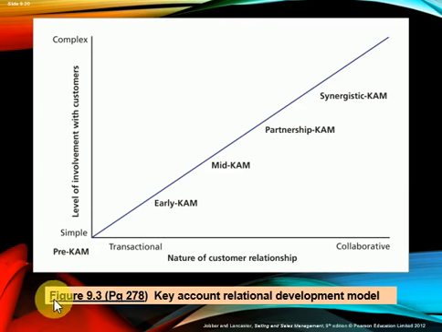Model 9.3, the one on your screen there, shows how the relationship between buyer and seller develops over time, between the key buyer and seller, how that develops over time. Where initially in your pre-CAM or pre-key account management stage, it's very much still a prospecting period where specific accounts are identified, or accounts that have the potential to become key accounts are identified.